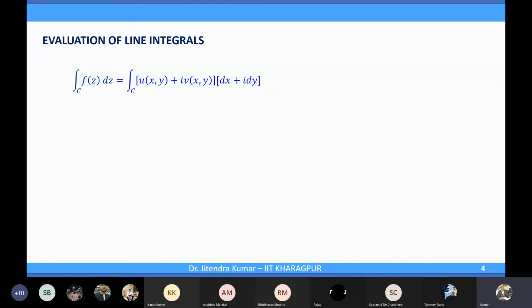So we will focus on the evaluation part here. So f(z) dz, where f(z) we write in terms of u plus iv, right? And dz similarly, because z is x plus iy, so you can write dz as dx plus i dy. So it is pretty similar now. So we can reduce this complex integral to real integrals with real and imaginary parts.